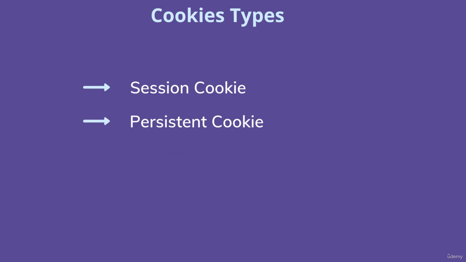But you may also add a time span, which will make it a persistent cookie, and for the lifetime of that cookie, it will still be there unless you remove it manually by going to that location, or you may also remove the cookies from the browser itself. So let's find out practically how we can start implementing the cookies in JavaScript.